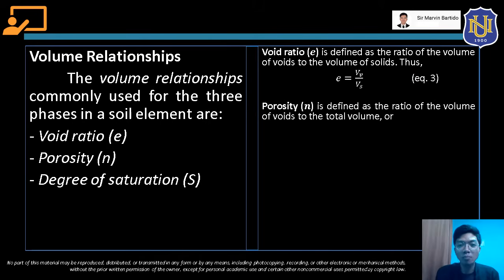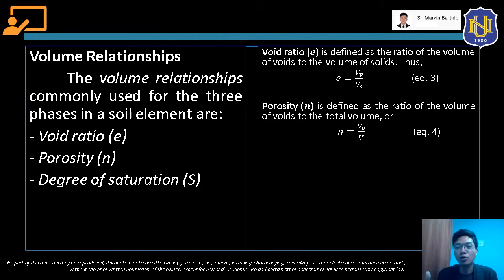Now, for the porosity, this is defined as the ratio of the volume of voids to the total volume. According to the definition, this is equal to volume of voids over total volume. Again, volume of voids is volume of air and volume of water, while the total volume is the volume of soil solids, volume of air, and volume of water, or volume of voids.